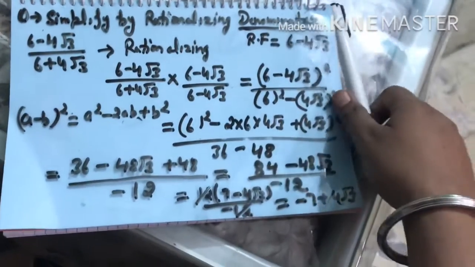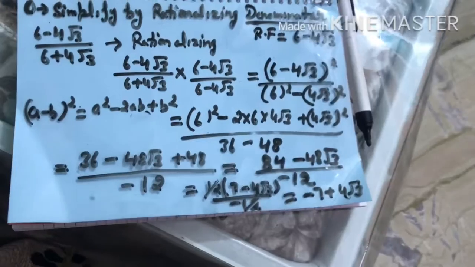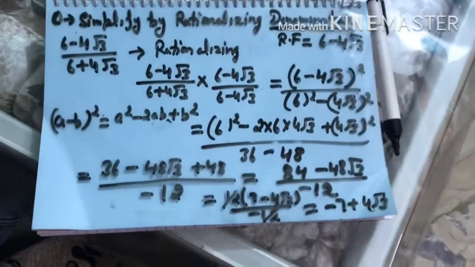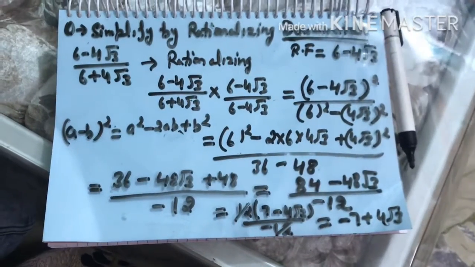I hope this is clear to you what we have done in this. Now taking one more example, the most important question of this chapter, so that it can be much clearer to you.